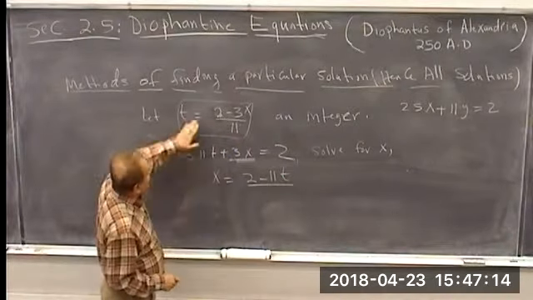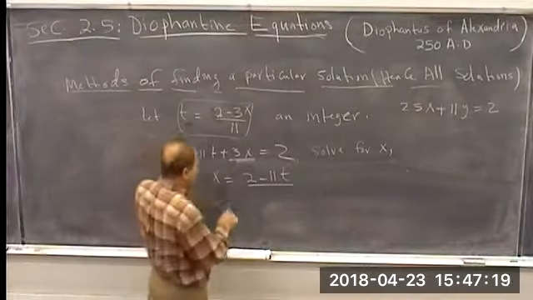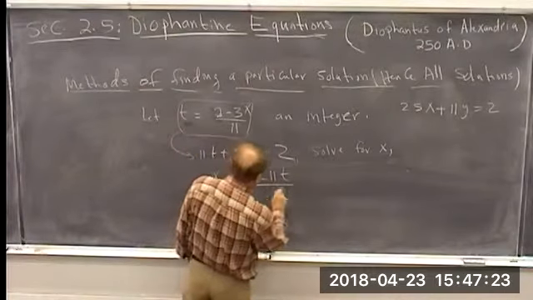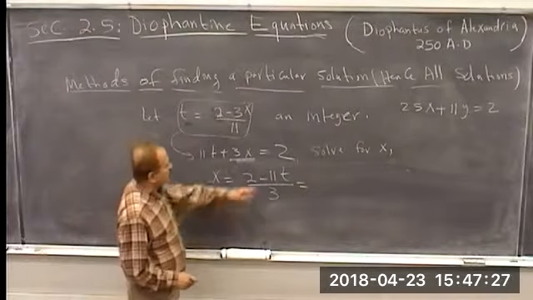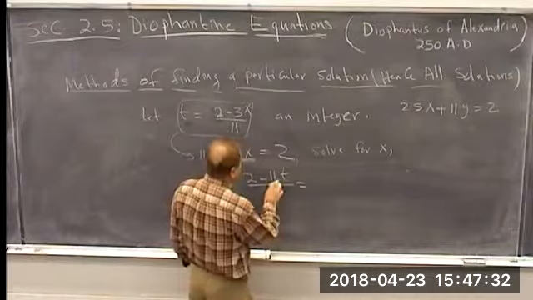Now, I don't want you to confuse this t with the t we used in the general solution. This is just another t. And again, the 2 does not divide the 3, so I cannot do anything, but 11 I can divide by 3.